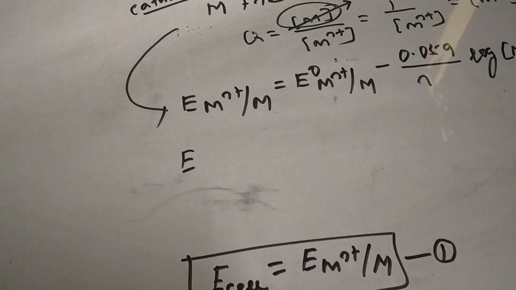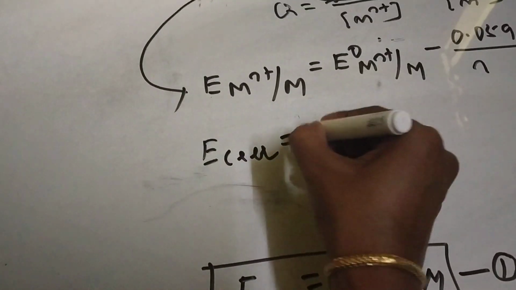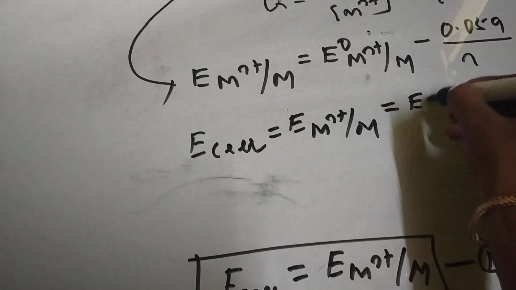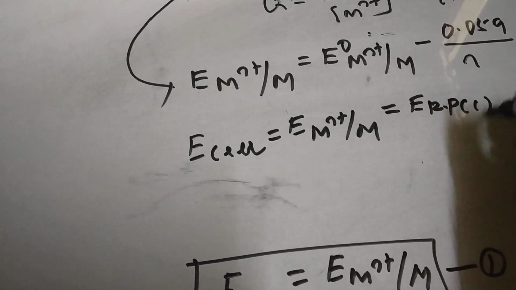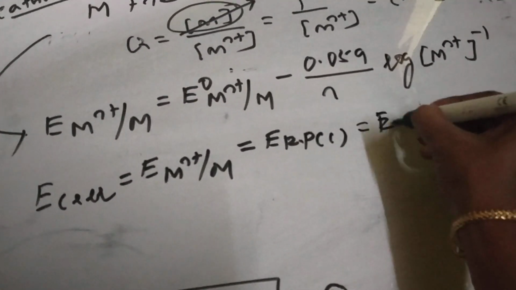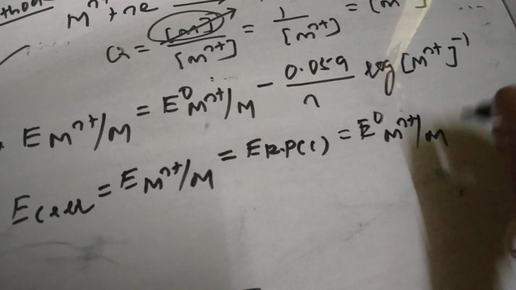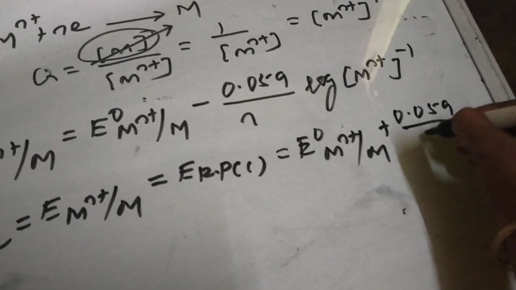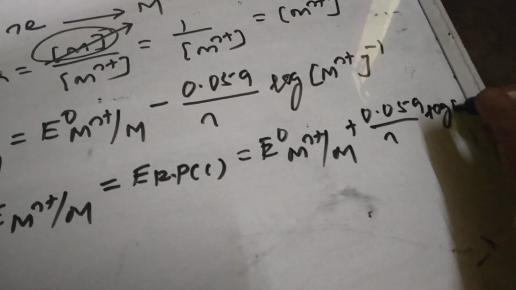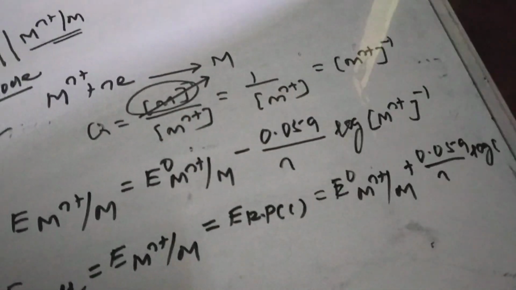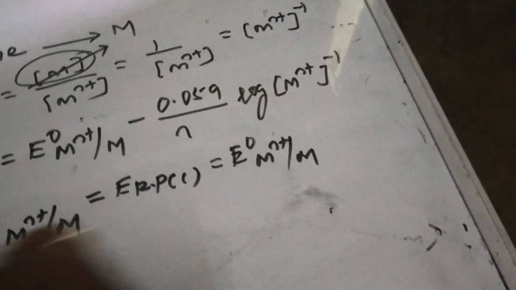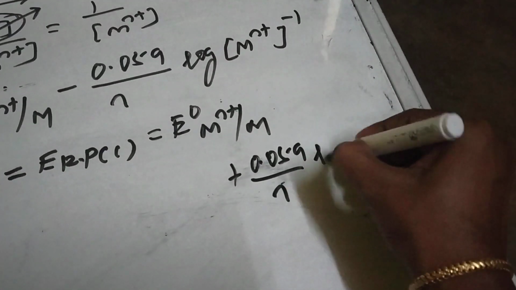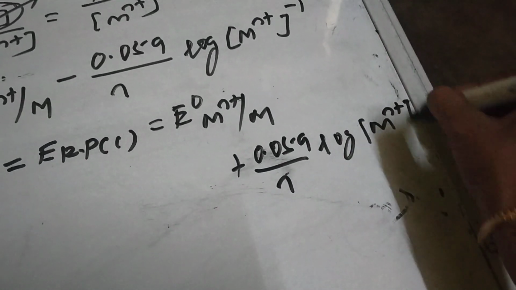So E cell, the reduction potential of the cathode, is equal to E naught of Mn+ to M plus 0.059 by n into log concentration of Mn+.